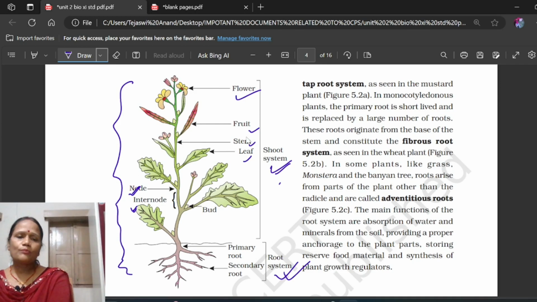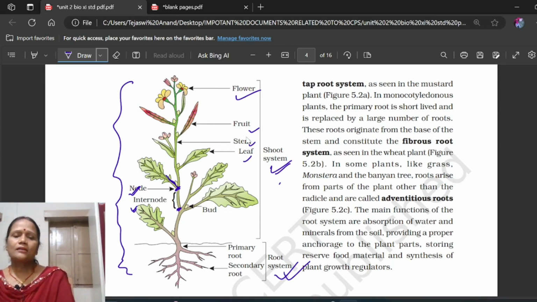The nodes are the points from where a leaf arises, and the distance between two nodes is called the internode. The point on the stem from where the leaf arises is called the node.